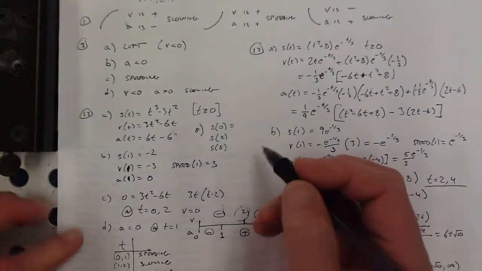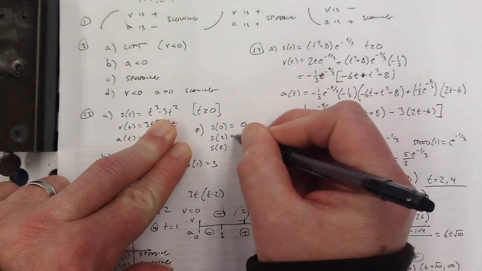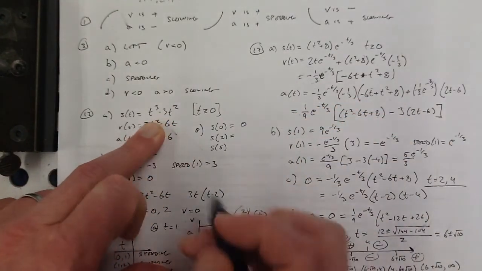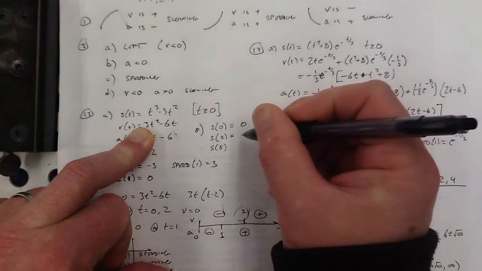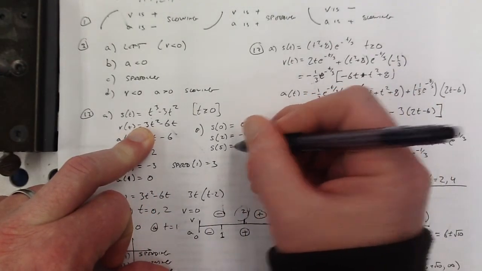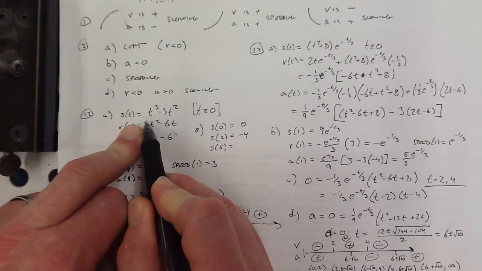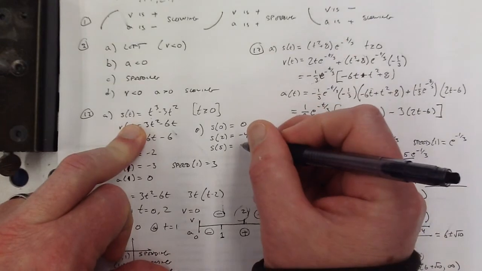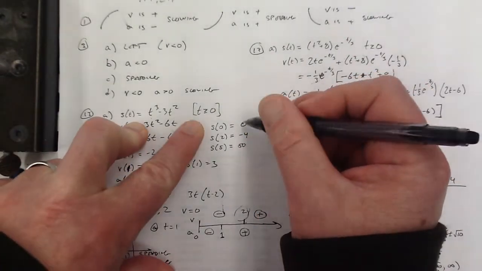So let's see. Position at time 0 is 0. Position at time 2 is 8 minus 12. And position at time 5 is 125 minus 75. And then here you've got to be careful that you're really counting everything.